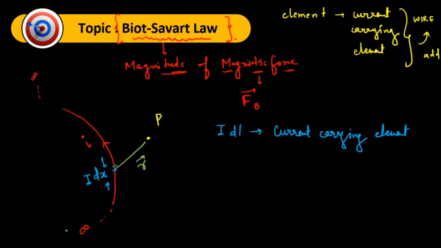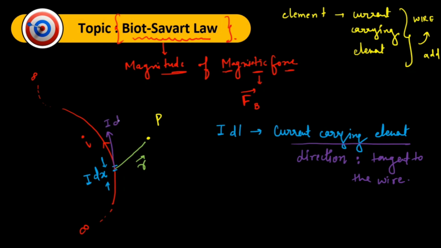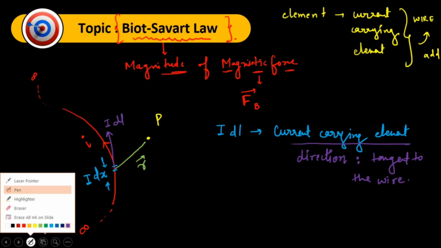Now, this current carrying element also has some direction, and its direction is given by the tangent to the wire. So at the point where the current carrying element is, we just draw a tangent like this, and this tangent will give us the direction of the current carrying element, like this, IDL.